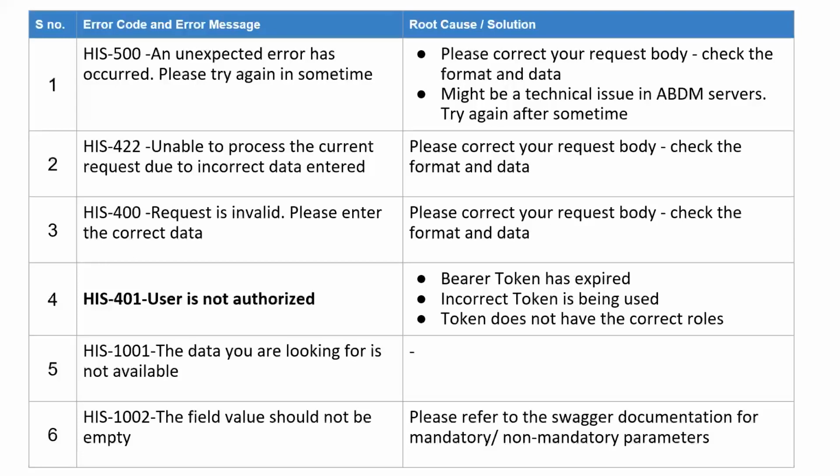If you decrypt the token at jwt.io, you can see the roles provided in that token. There are several roles. Health ID is one of the roles, Health professional ID is another, and so on. Sometimes you try to use integrated program APIs but your token does not have the integrated program roles. That is why you receive the user is not authorized error. I hope this is understood.